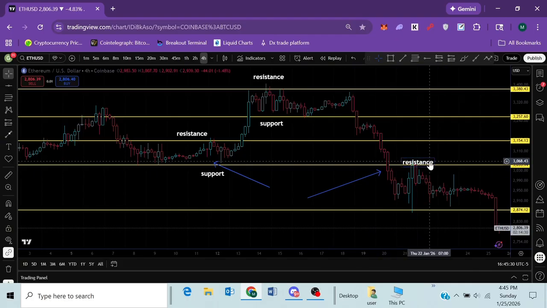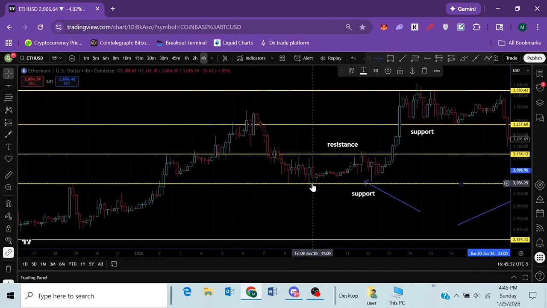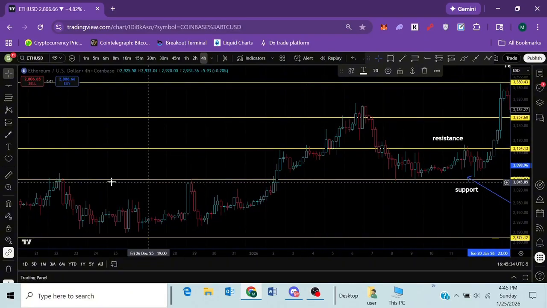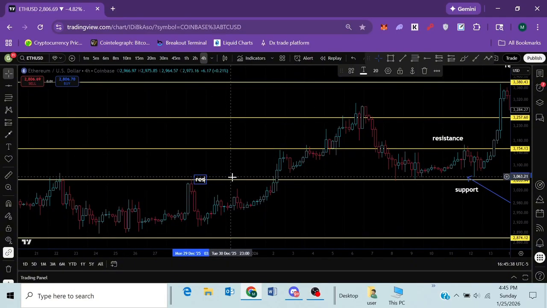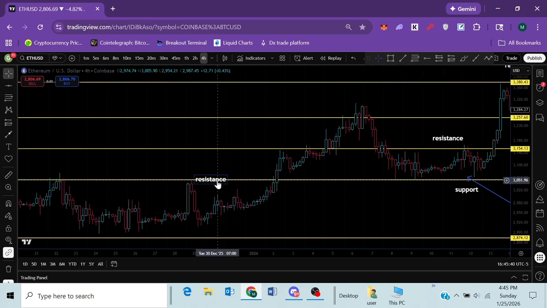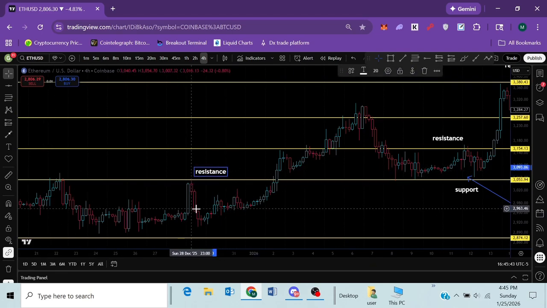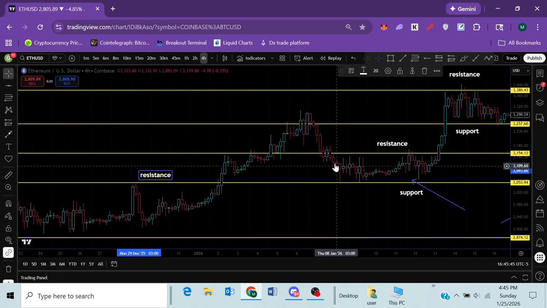So this is the reason why I said think of it as a multiple story building. Things that were once your resistance over here, rejecting, then becomes your new support.